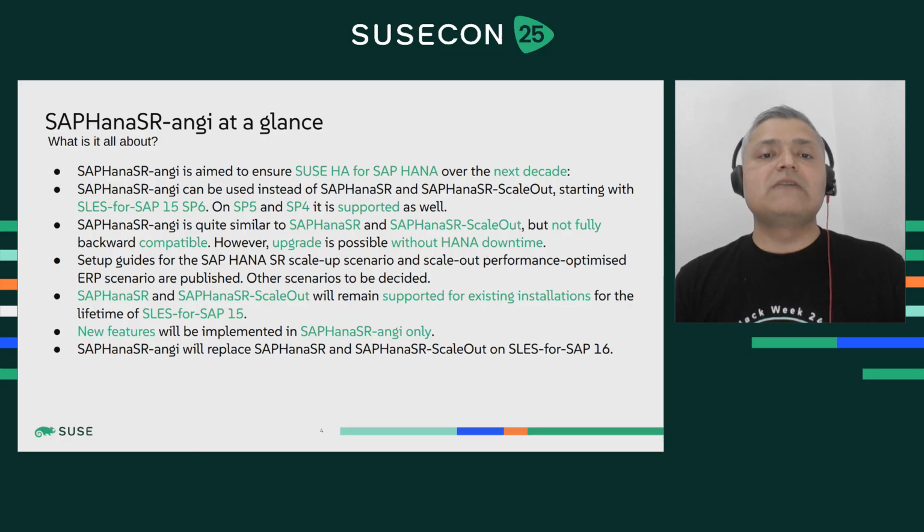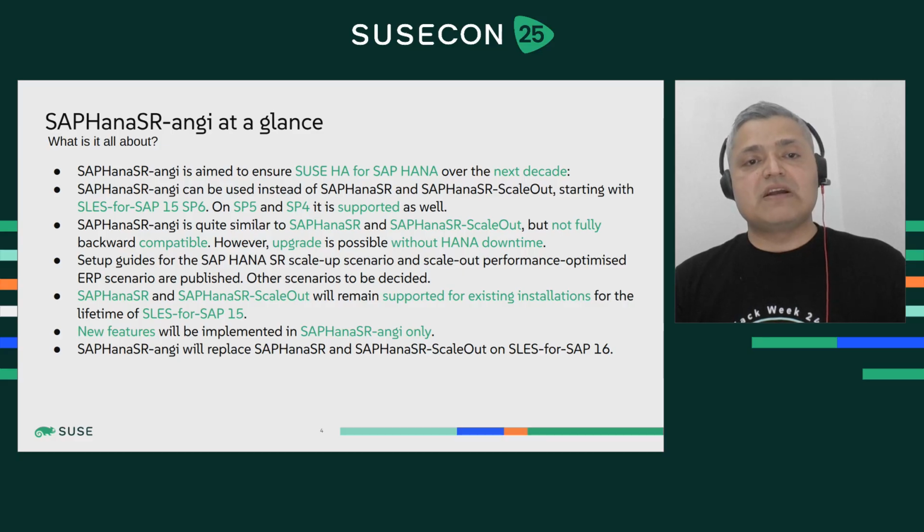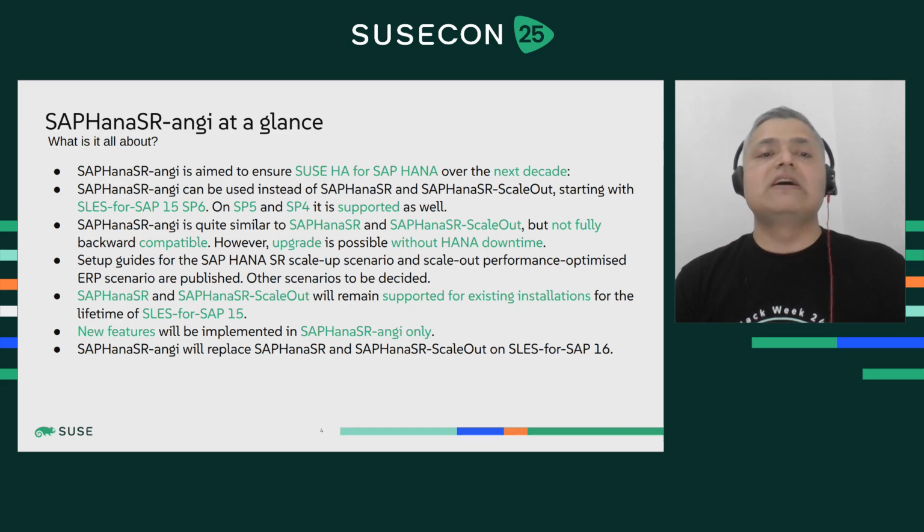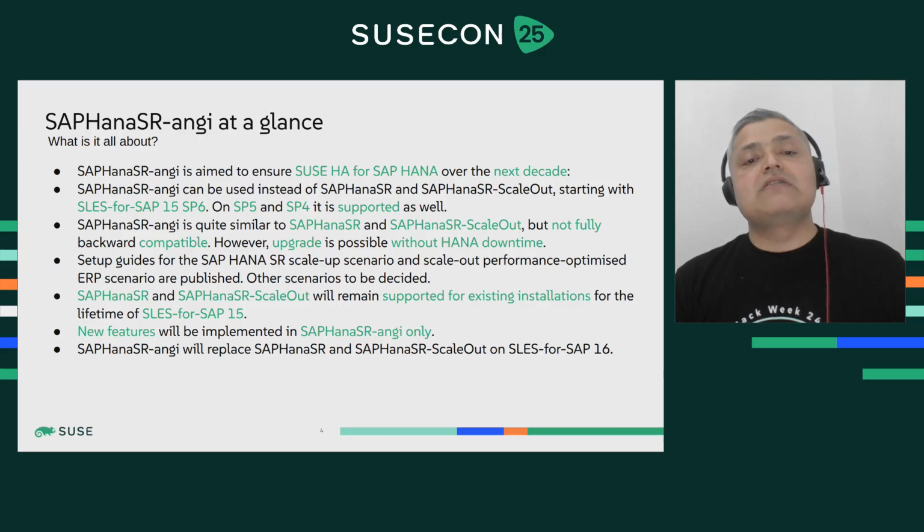So with that goal, this ANGI package is developed, and it is targeted in a way that it will replace the existing classic package of SAP HANA SR and SAP HANA SR scale out, starting the service pack of 15 SP6 of SUSE Linux Enterprise Server for SAP applications.